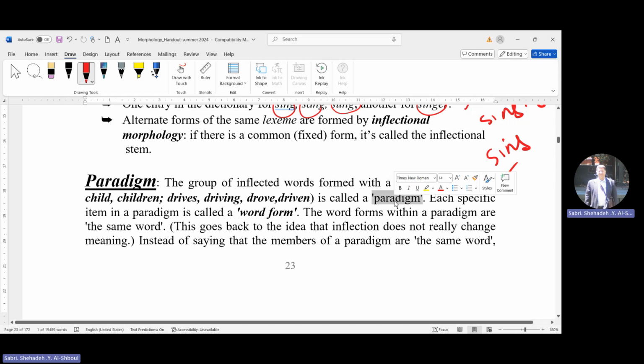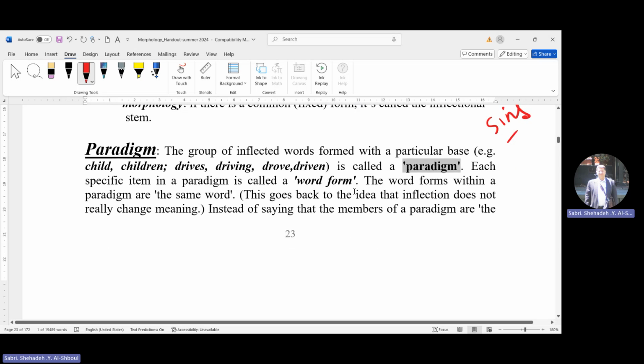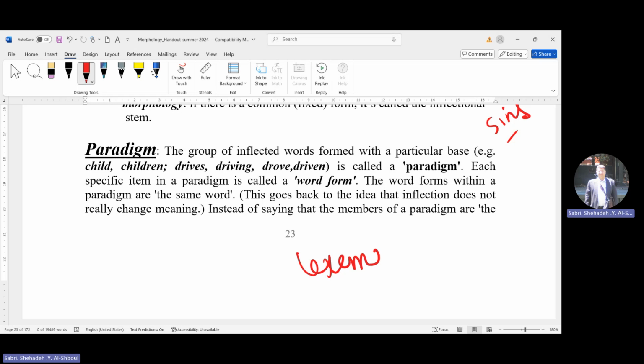In the paradigm, dear students, we have each specific item that is called a word form. So out of drive, we have the lexeme drive, to refer to its abstract form. We come up with drive, which is in the present simple, drives with the third person singular, driving as in is driving, drove, driven, and so on and so forth.